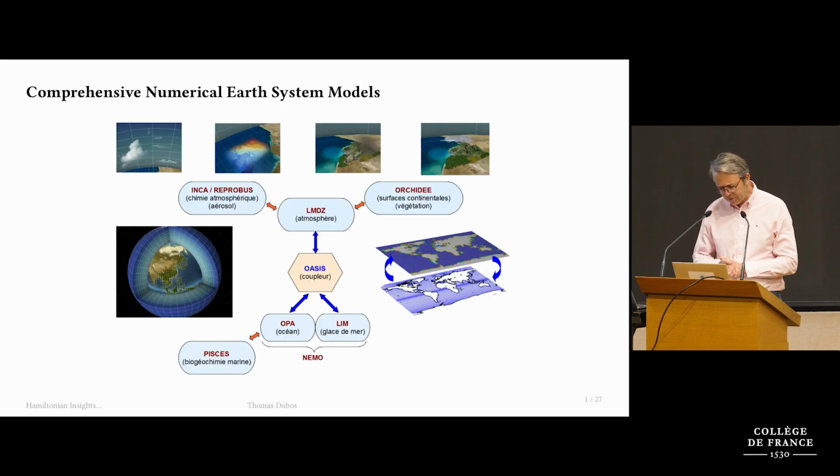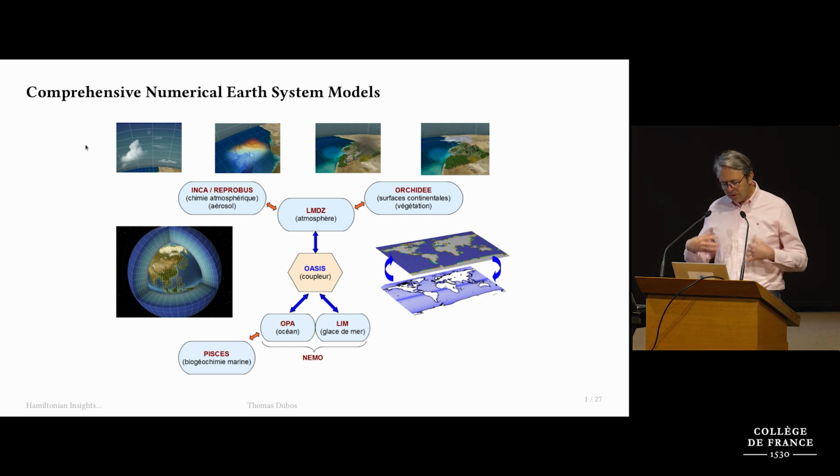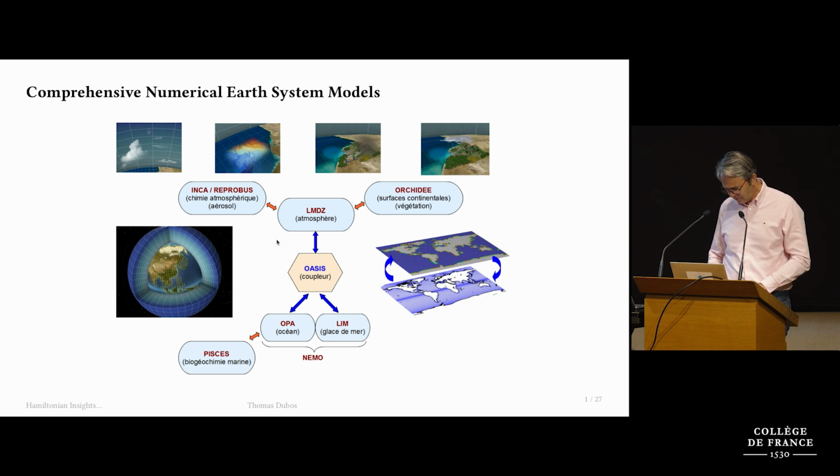And to maybe put that into perspective, let me first mention that at the biggest level, we are talking about comprehensive Earth system models, which have different components to represent, say, the atmosphere, the continents, vegetation, optionally chemistry, the ocean, sea ice, optionally marine biochemistry, and the atmosphere.